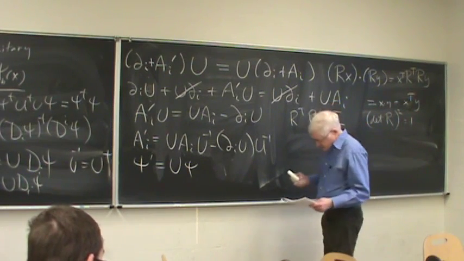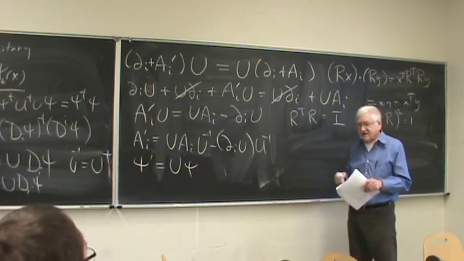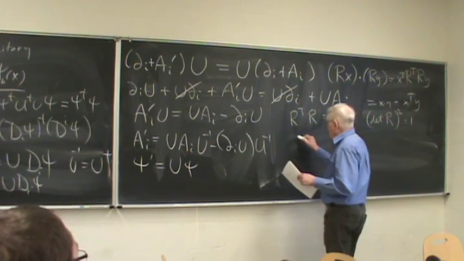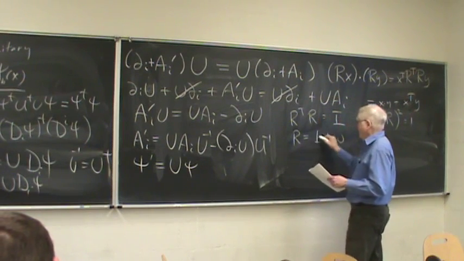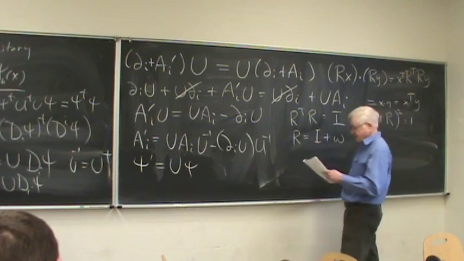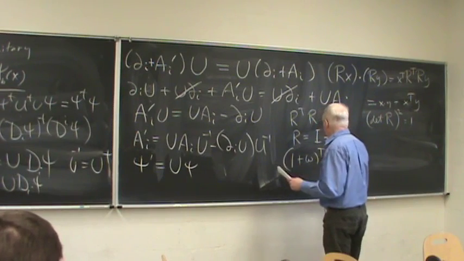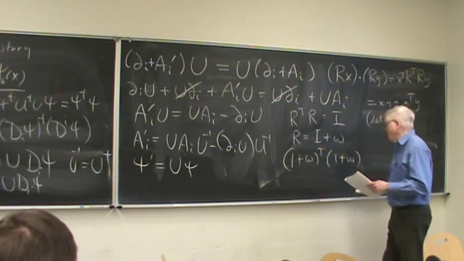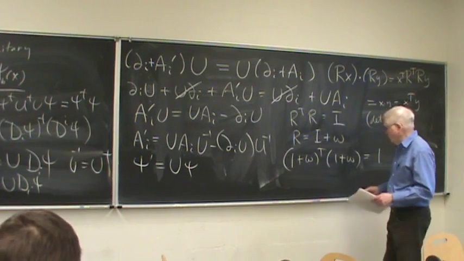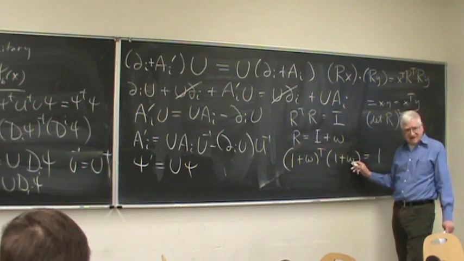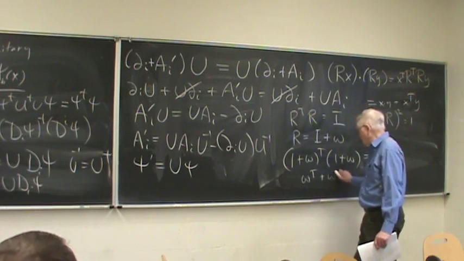And now if we go to the Lie algebra, take the Lie algebra point of view, which is to look just near the identity where things are simple, we just said R equal to 1 plus omega, where this 1 is really the 3 by 3 identity. And so we have the rule 1 plus omega transpose 1 plus omega is equal to 1, or the identity, and now these omegas are infinitesimal, so we can ignore omega squared terms, and this just says omega transpose plus omega equals 0.